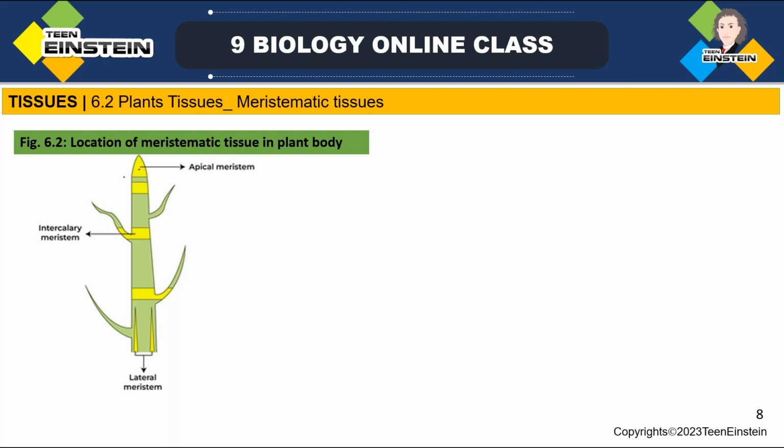Dividing tissues or cells are present in different regions of the plant body, so growth takes place only in those regions, not all over the plant body. Based on the region where they are present, these meristematic tissues are classified as apical meristem, second one is lateral meristem, third one is intercalary meristem.